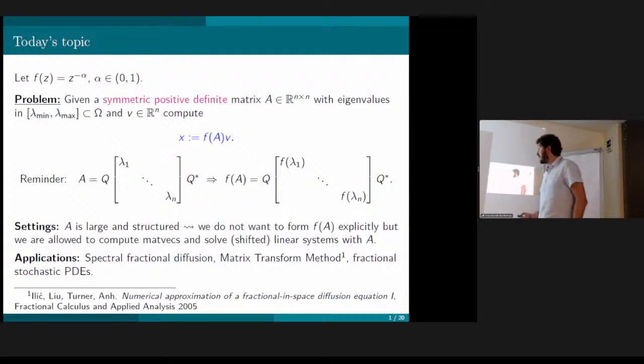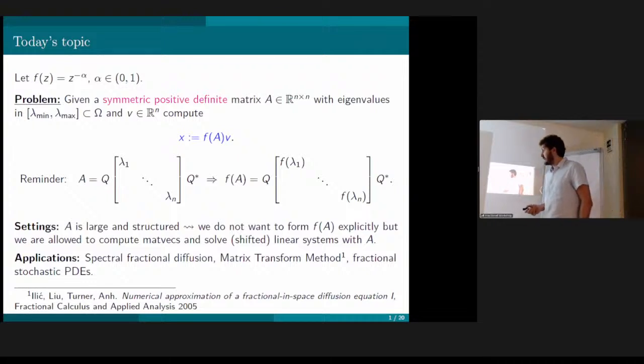So I can restrict to just the linear algebra here. What we want to compute is this: f(A)b, where f is the negative fractional power z^(-alpha), with alpha between 0 and 1, and A is a positive definite matrix. We have in mind, for example, a fractional diffusion problem where A is the discretization of the usual Laplace operator, and you apply the negative fractional power and compute this product to solve your linear system.